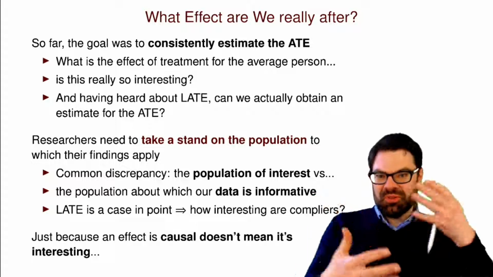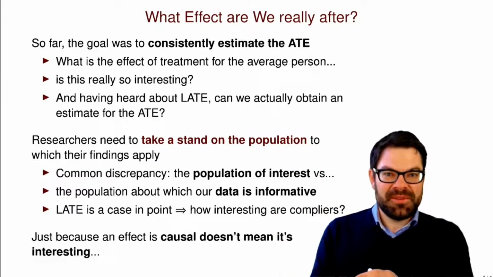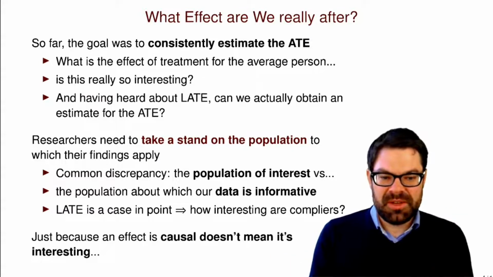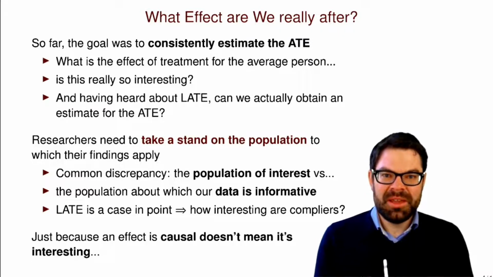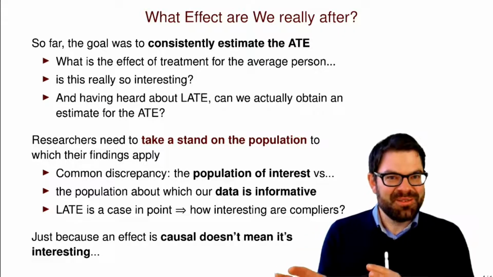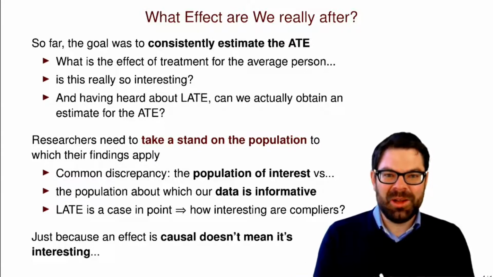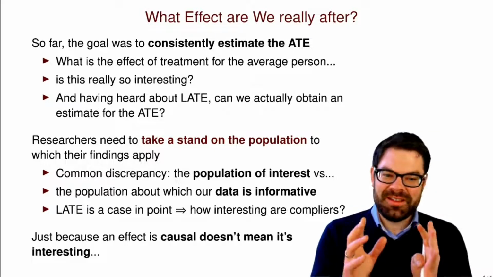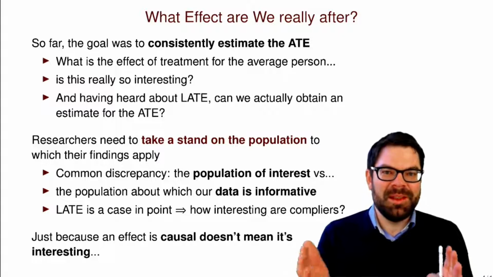And to put those two things together, what we can identify and what we want to identify, we need the framework of marginal treatment effects. So the point here at the bottom is very important and tends to be often forgotten, especially among empirical economists who do mainly academic work: just because an effect is causal doesn't mean it's interesting or relevant for anyone.